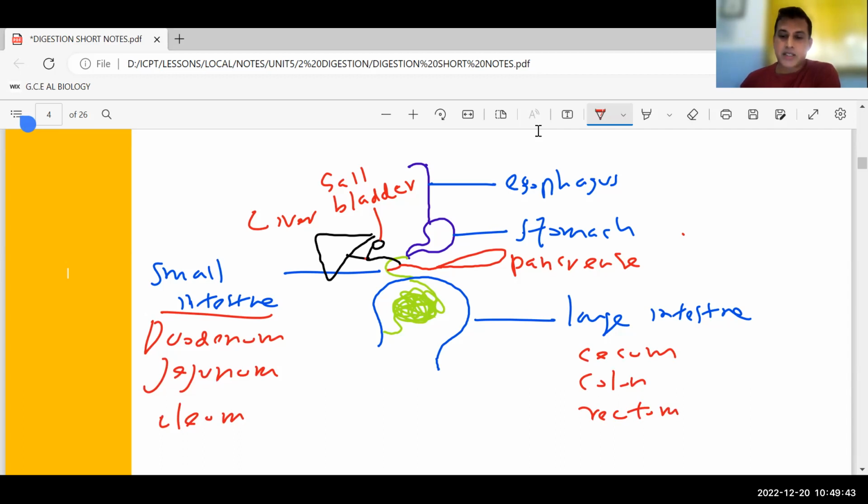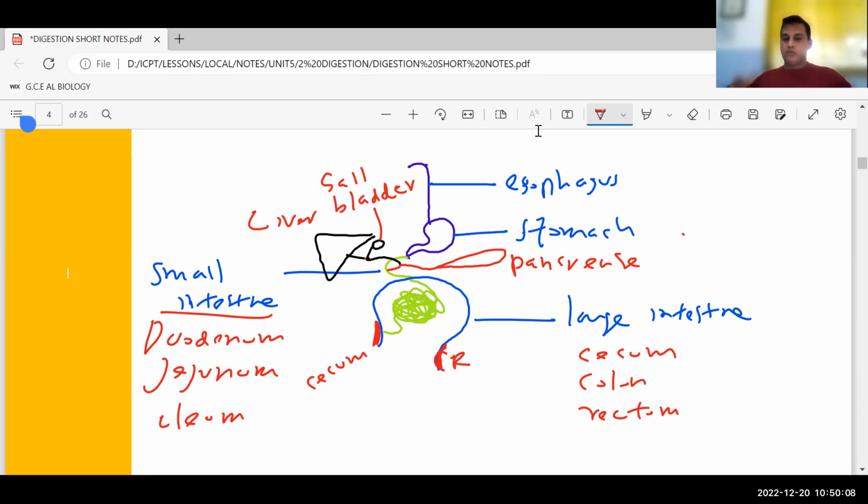The initial part is the cecum, this part, and the last part is the rectum. So basically, this is the anatomy of the digestive system.